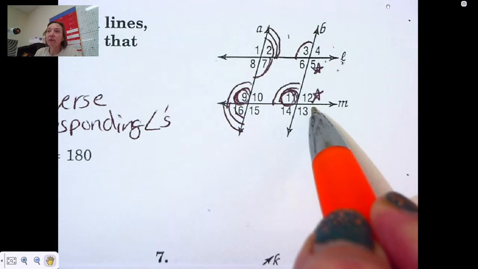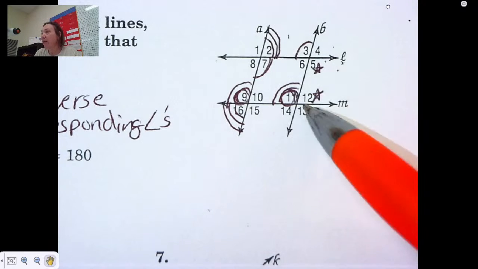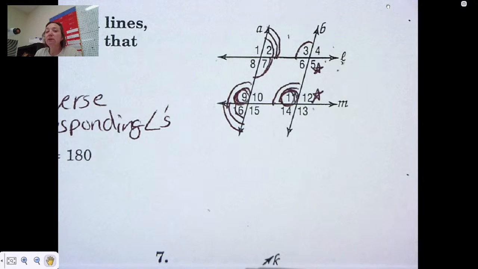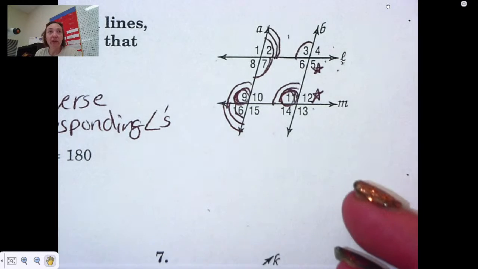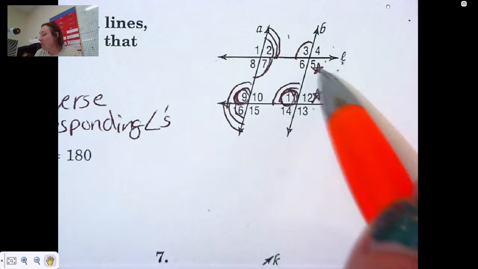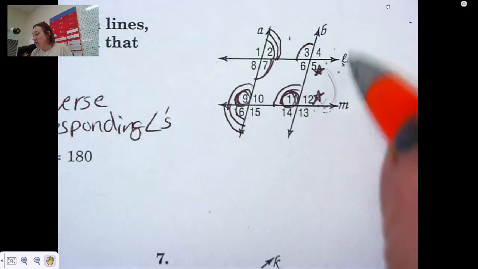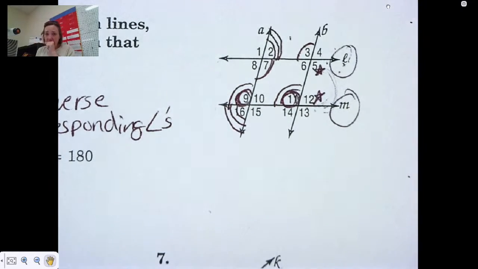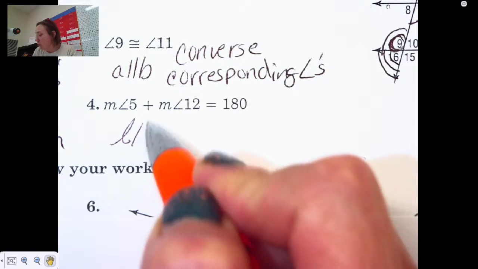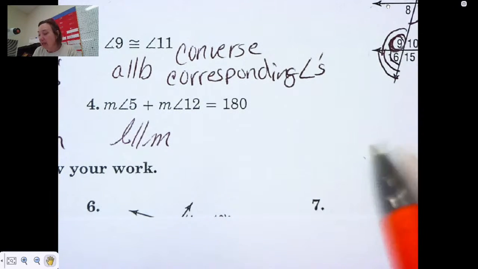5 and 12. It says that they add up to 180. Now, what kind of angles are they? Same side or consecutive interior, right? And what do we know about same side or consecutive interior angles? Well, they should add up to 180 if those lines are parallel. That tells us that line L and line M are parallel. So line L is parallel to line M. And how do we know?